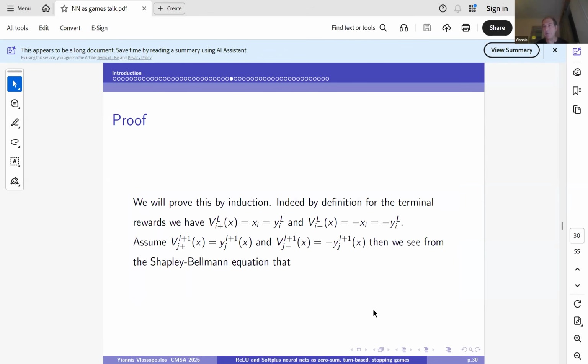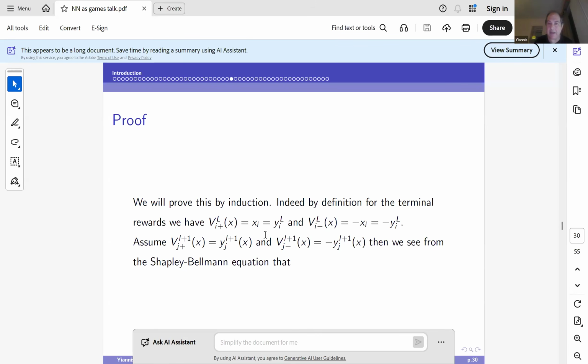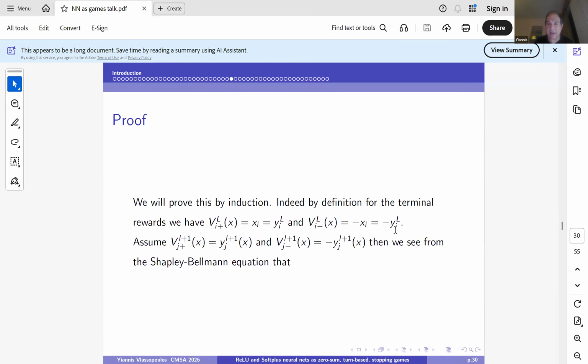I want to show you a little bit of the proof because it's really elementary. Once you get over all the notation, it's basically just induction. This is true at the terminal reward, because at the terminal reward the value of the game is the terminal reward. That's what it means: V L I plus of x is xi, V L I minus of x is minus xi.